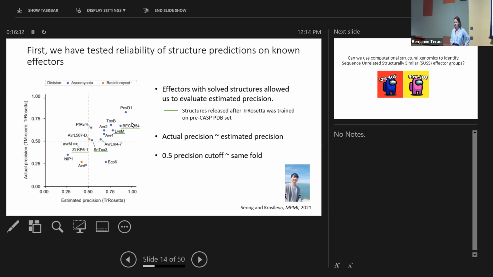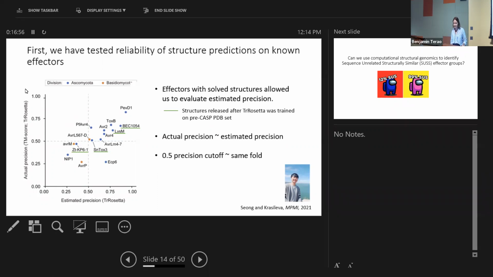And those included several that had solved structures that were not part of the databases used to train the algorithms. That's important. And he ran the prediction software, and then he could compare the model that the software predicts to the actual true, experimental answer.